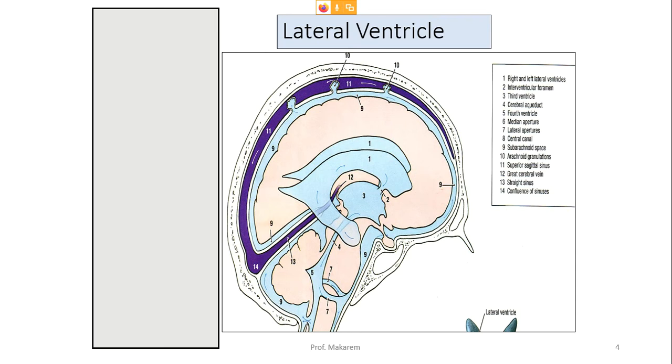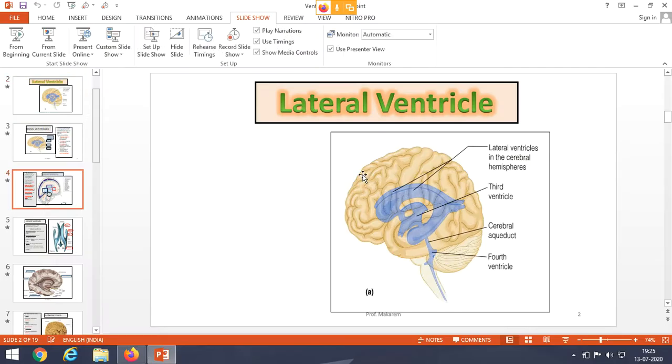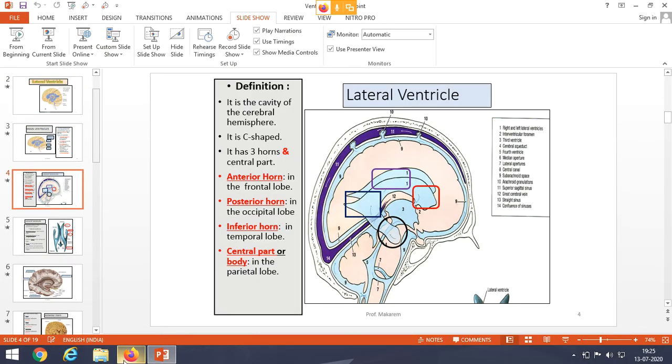The examples are the thalamus, lentiform nucleus, and caudate nucleus. So this lateral ventricle is surrounding the basal ganglia. Now you can see the lateral ventricle surrounding the basal ganglia. Understood now?